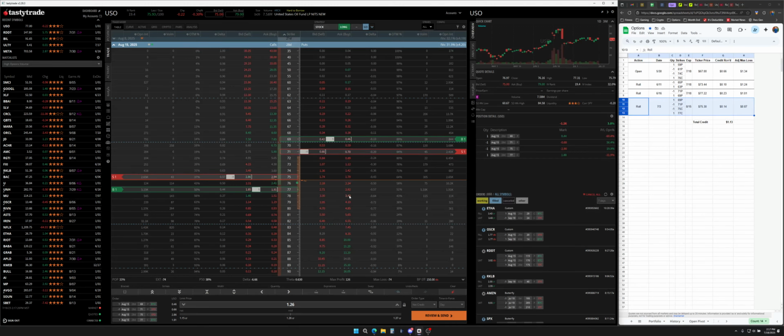The new credit received was $14, which made my total credit received 113, max loss $87 right now. Once again, as you can see, USO right now is at just under 76 bucks. We're past my short leg. I'm likely going to manage this sometime next week, Friday at the latest. Probably going to close this out, open up a new one in September.